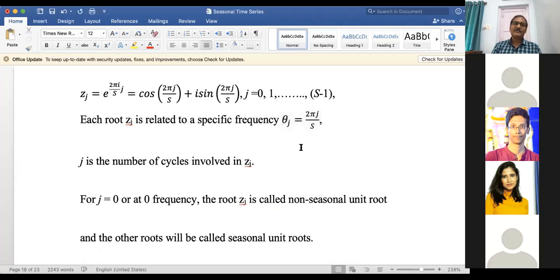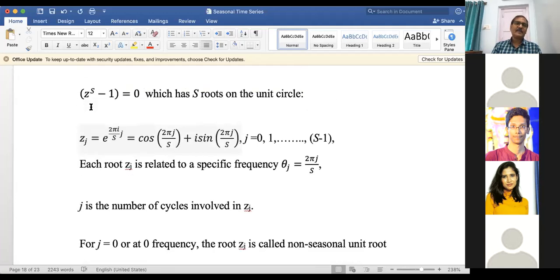In that case the concept will be clearer. For the time being, try to remember that z is the characteristic root, and you will get s number of characteristic roots if the characteristic equation looks like this, and each root corresponds to a cycle. As j varies from 0 to s minus 1, j equal to 0 means the number of cycles involved in the root is 0.